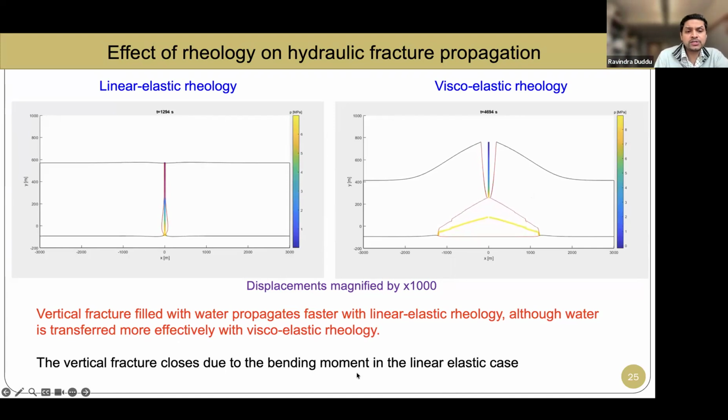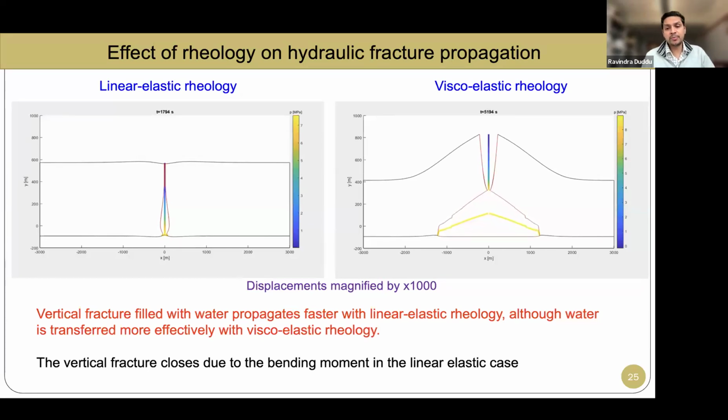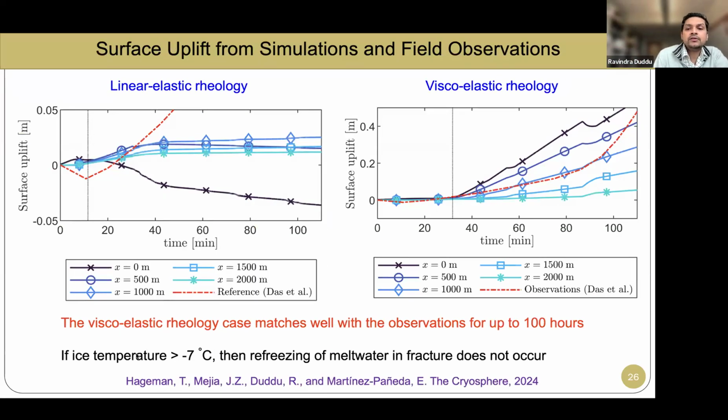So what did we find from this? That vertical fractures filled with water propagate better. With linear elastic, it propagates faster, but with viscous rheology, it propagates for longer to actually cause a blister. And we also compared it with these observations.